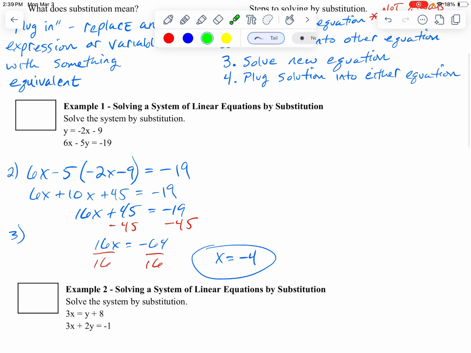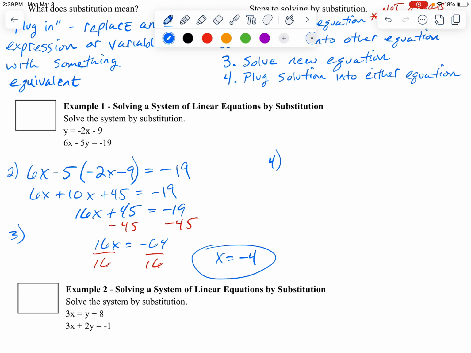Now, step 4, now that I've found x, I can plug this x back into either of these two equations in order to find my value of y. Oftentimes, one is going to be much easier than the other. So in this case, that top one looks a lot easier to me because I've already got y equals something.